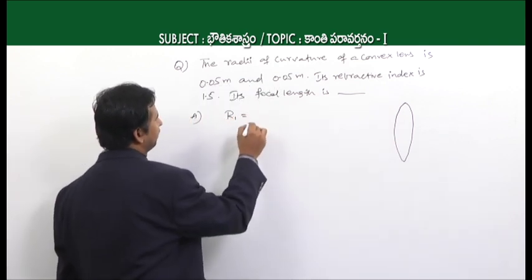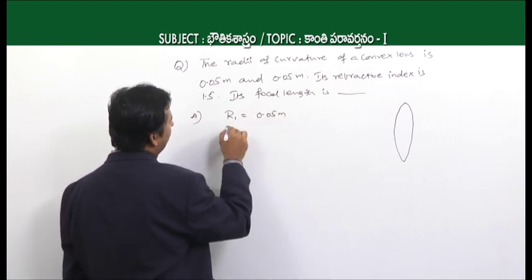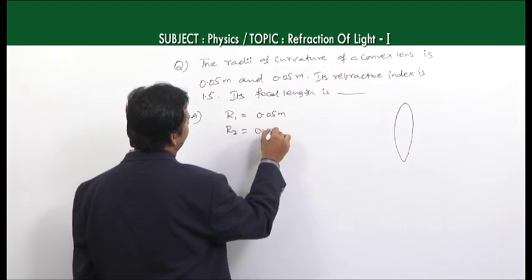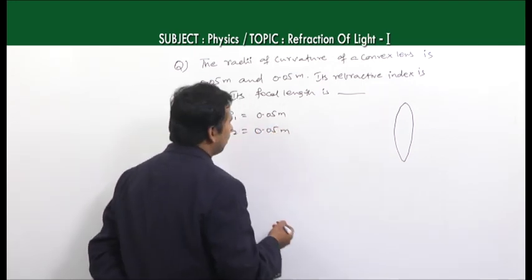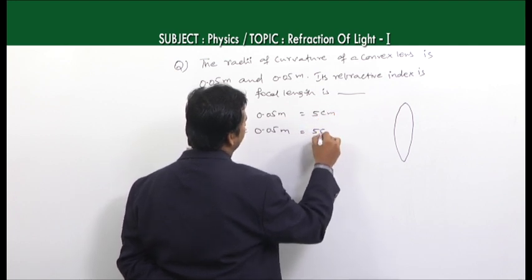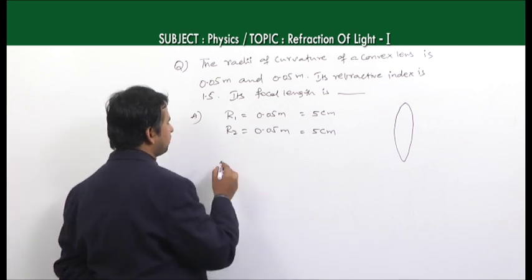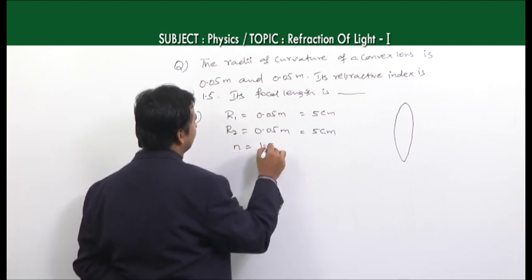The radius of curvature of the first surface R1 is 0.05 meters, and R2 is also 0.05 meters, or you can write that as 5 centimeters, and its refractive index n is equal to 1.5.